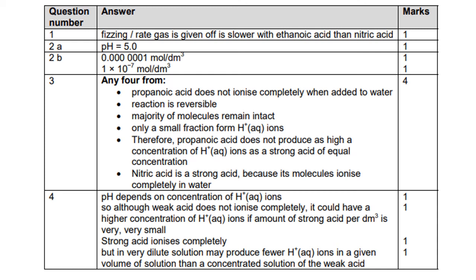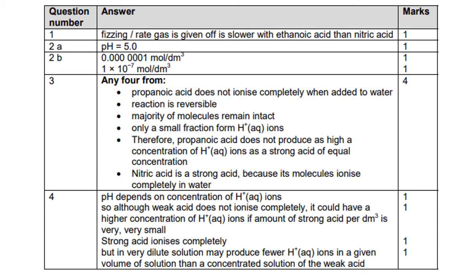If you remember this reaction from video 1, where we learned about the different reactions with acids, this one will produce carbon dioxide gas because we've got a metal carbonate, and you're going to see lots of fizzing. But because ethanoic acid is a weaker acid, it will be a much slower reaction and less gas will be given off in the same time.